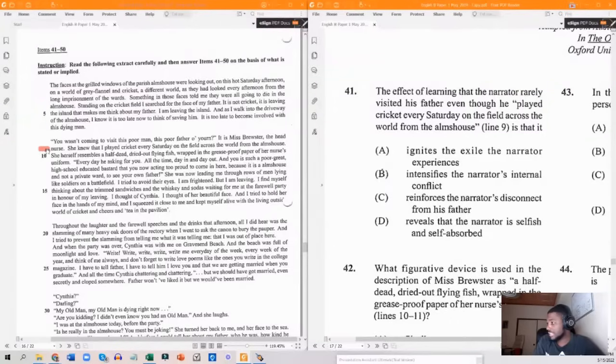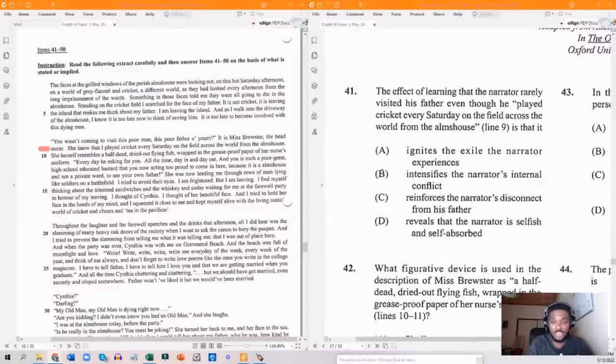We're focusing on line 9. Okay, everyone so far has the correct answer.